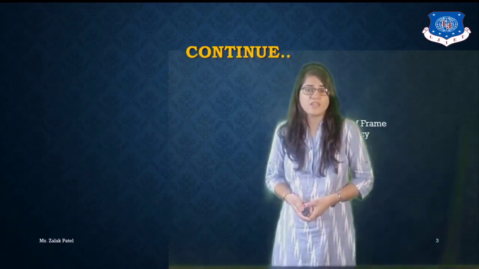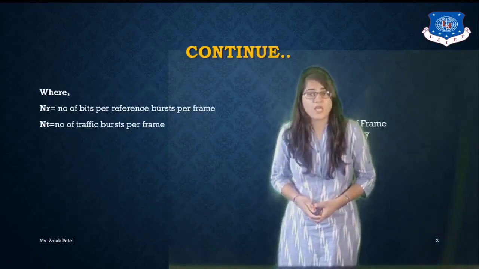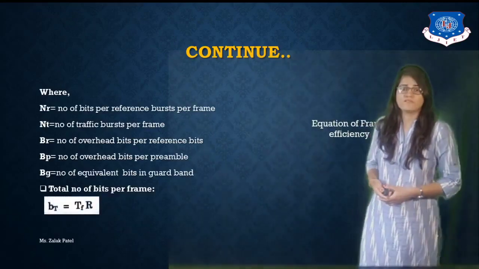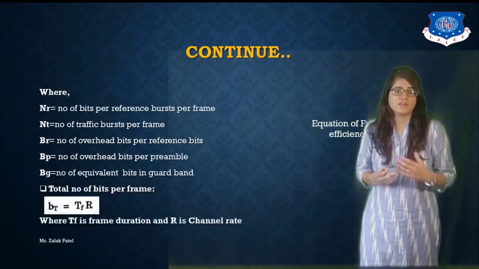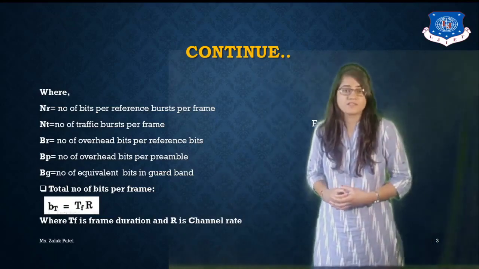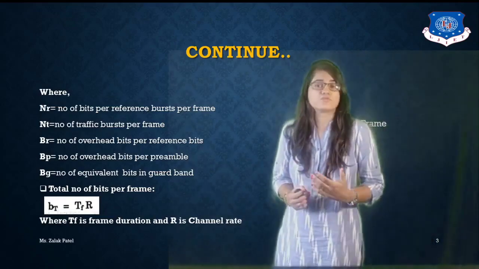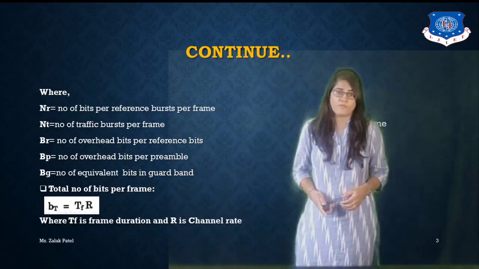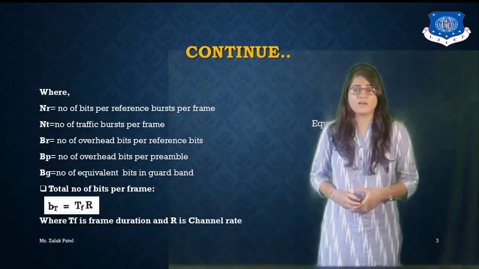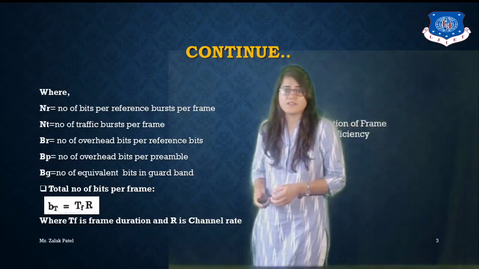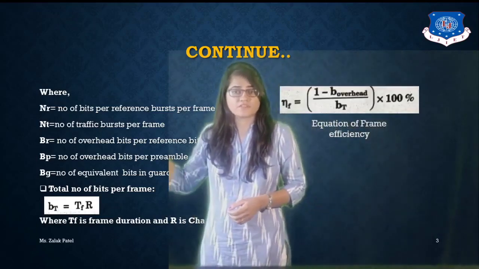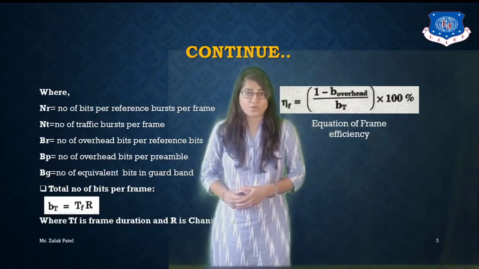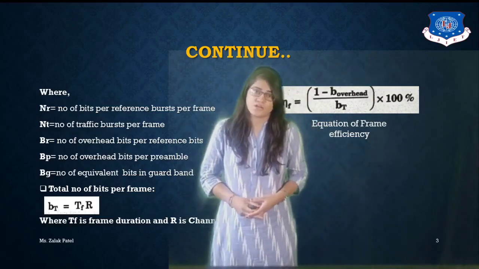As we discussed this formula in the last session, the final equation for the bit efficiency is given in terms of the total bits available for that channel. Total bits BT is TF into R. So the final frame efficiency is given by eta F equal to 1 minus bit overhead divided by BT, into 100.